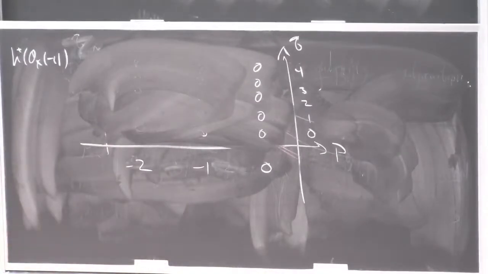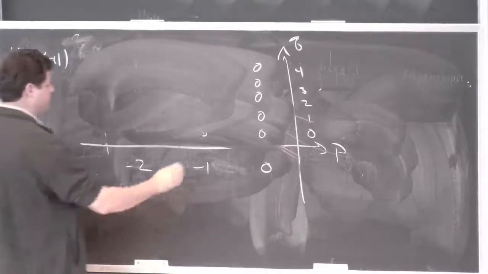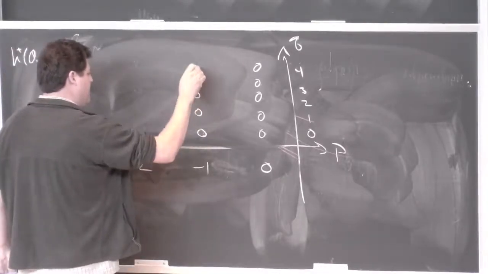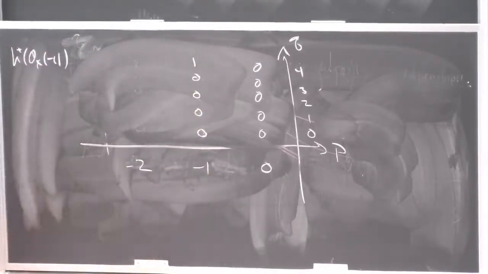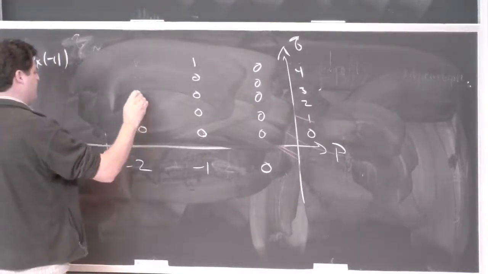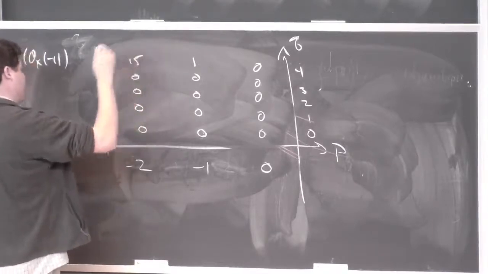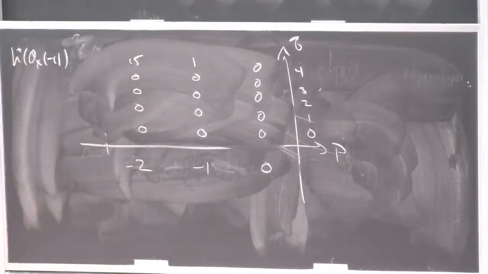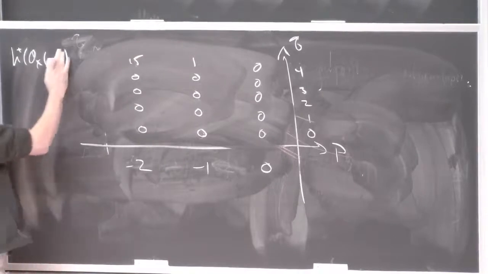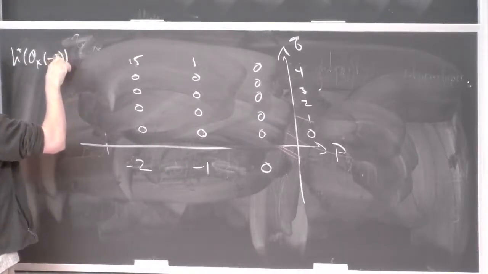Cohomology of O -4 is 0, but the cohomology of O -5 is 1 at the top. And the cohomology of O -7 is going to be 15 at the top. This is to compute cohomology of OX minus 2.